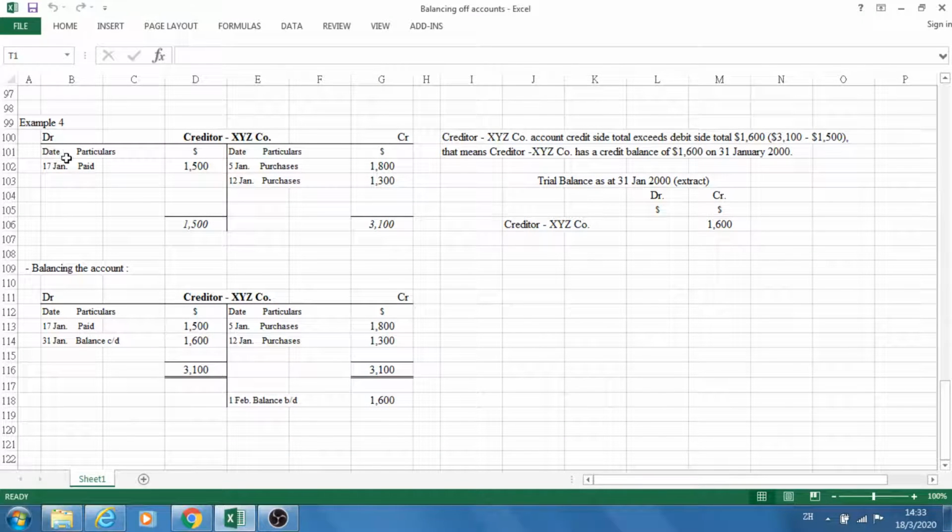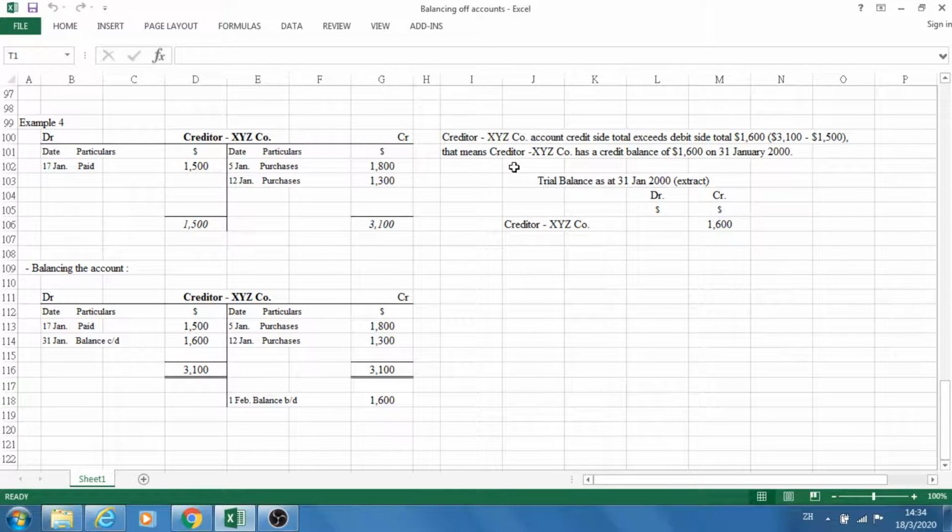Example 4. This is creditor XYZ company account. The credit side total is 3,100. The debit side total is 1,500. Creditor XYZ company account credit side total exceeds the debit side total by 1,600.